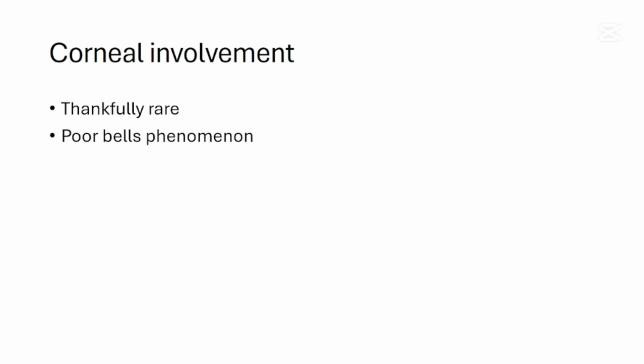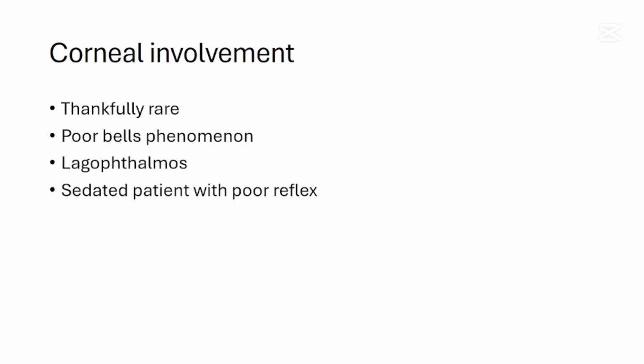Corneal involvement is rare, thankfully, except when they have poor Bell's phenomenon. Bell's phenomenon is the eye rolling up as a protective mechanism, and when the eyes are not closing properly, it's lagophthalmos, and they are at higher risk. Sedated patients are another set of people who are more vulnerable. Other thing to remember, these can occur later, not at the initial injury itself.